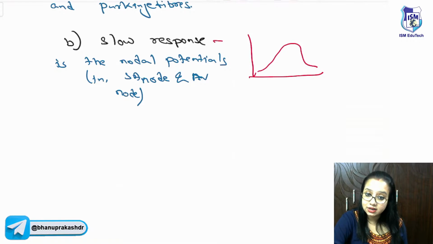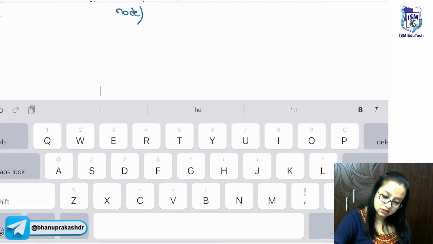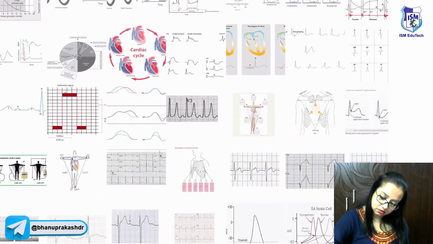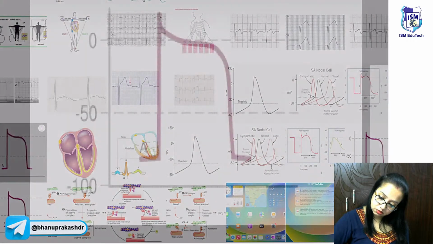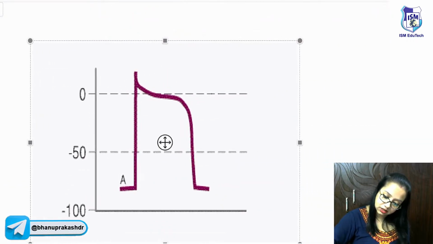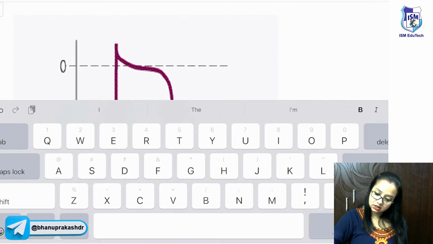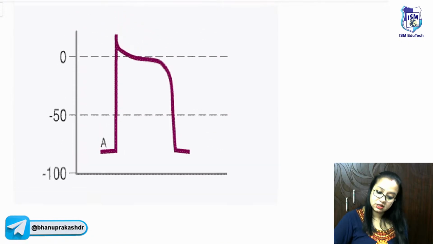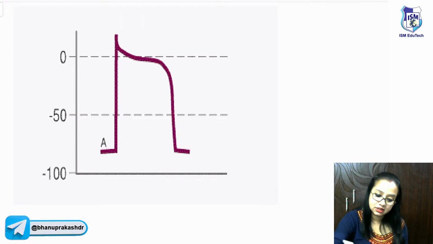Now, understanding the different phases in this action potential and their ionic basis. So, we start with the fast response. This is our fast response diagram, the action potential. In the fast response, which is seen in the atria, ventricle, and Purkinje fibers, there are 5 stages.